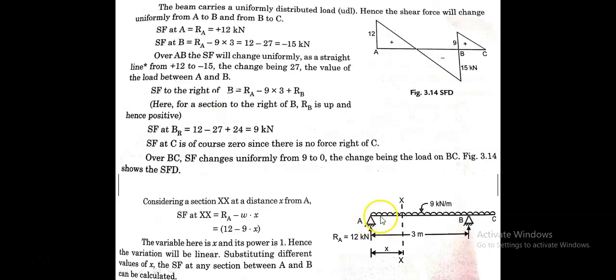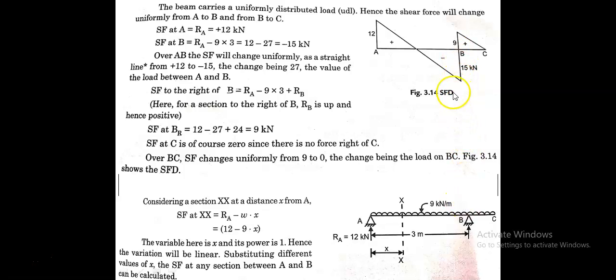Now from A to B there is 9 into 3, 27 kilonewton getting down, and therefore the upward 12 and downward meet at a point 0. Then the total force down from A to B is 27, and therefore it moves 15 towards the negative side.